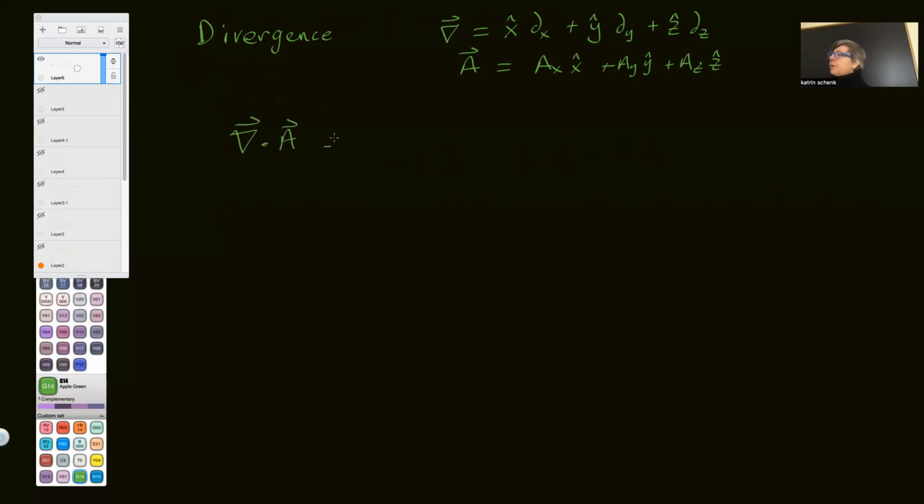By the rules of dot products, I'm applying that del to the vector A, but because we have unit vectors, as we went through yesterday, x hat dot x hat is 1, but x hat dot y hat is 0. So you're only applying those derivatives to the components that match the derivative's independent variable, like d/dx of Ax is one of the terms, never d/dx of Ay or Az.